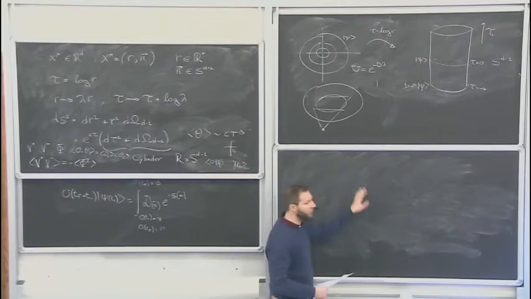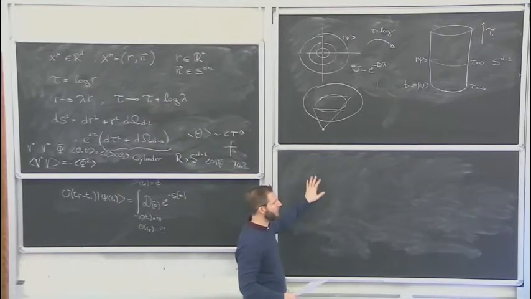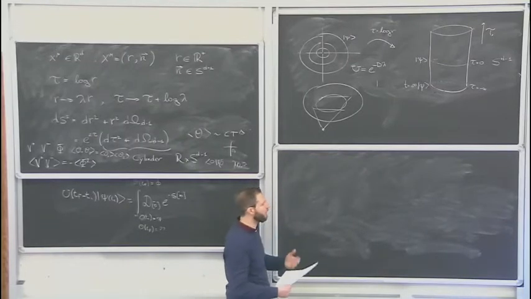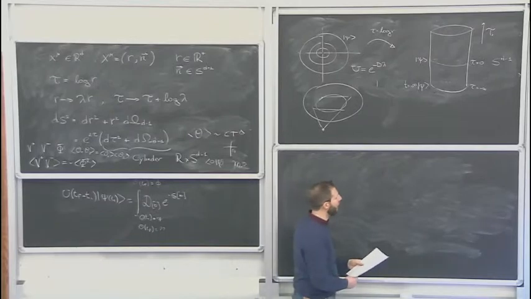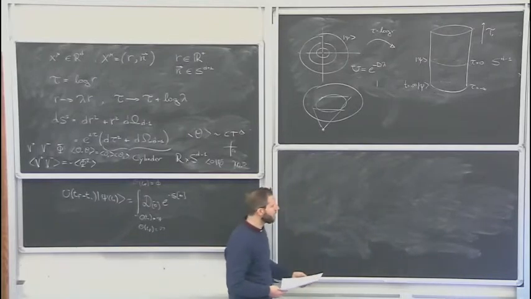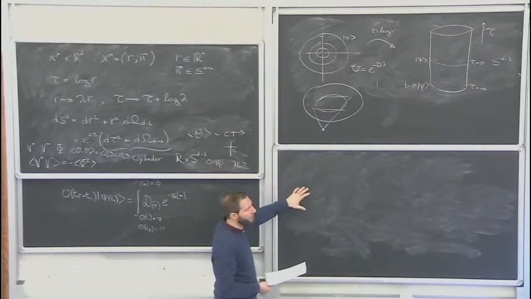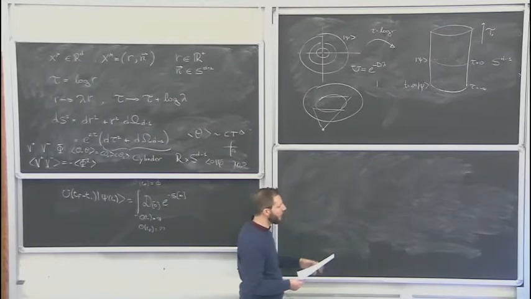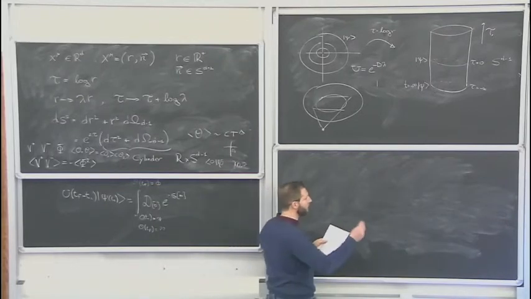Assuming that there are no anomalies, infinitesimal Weyl transformations can be extended to finite Weyl transformations. If there are anomalies, you can even show that they don't really matter in the argument that I'm going to give. They will always cancel out.